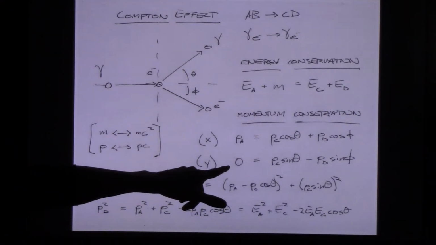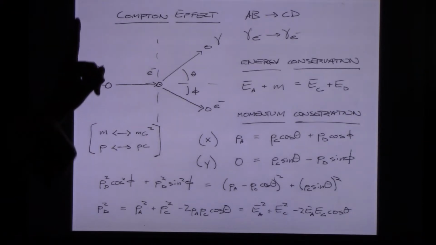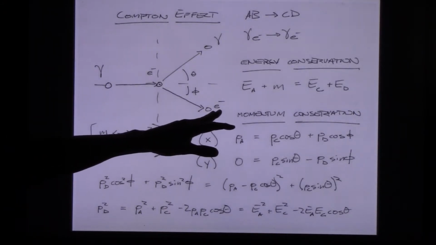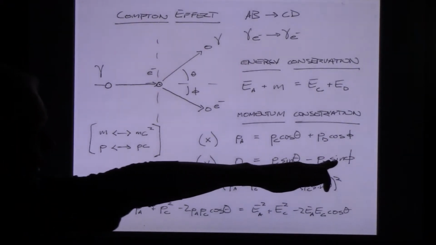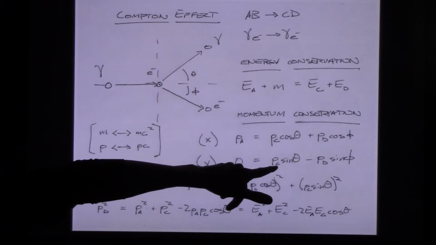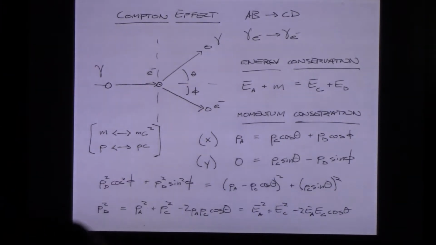And then in the y direction, we start off with no momentum, and that says that the y momentum of the photon and electron coming out of the reaction, these two numbers need to match. That's telling me how much y momentum is in the photon coming out. That's telling me the y momentum of the electron. So I hope this is kind of familiar. It should be from physics 4A.